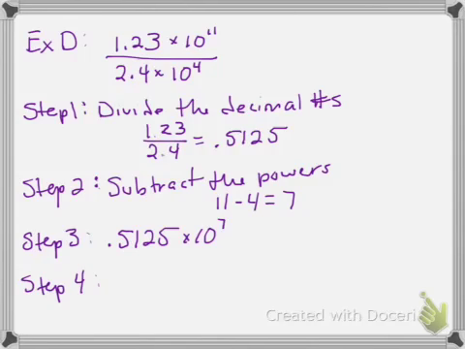So, we need to move the decimal point this time to the right to be 5.125. And we moved it to the right this time. So we made the number technically bigger. But that makes the exponent smaller. So because we moved it to the right one, it turns into 10 to the 6th power.